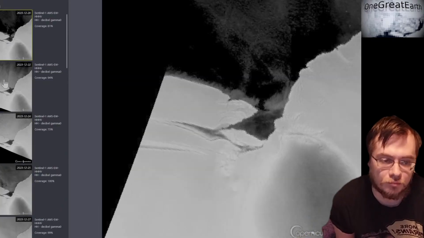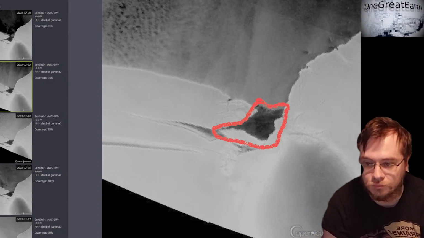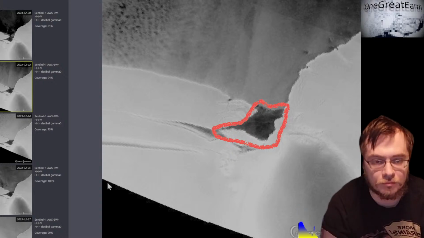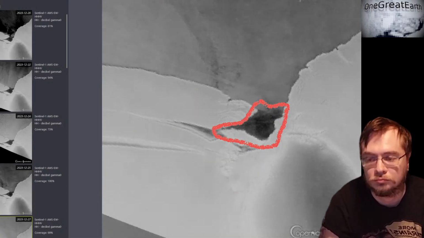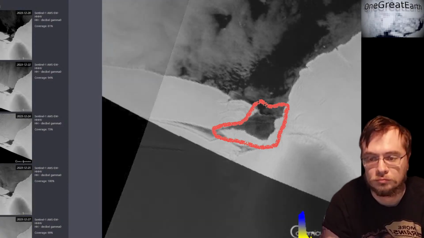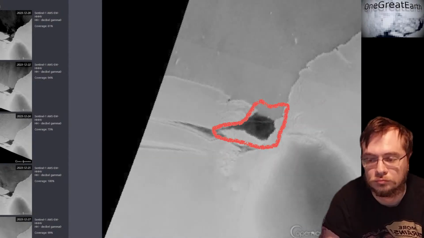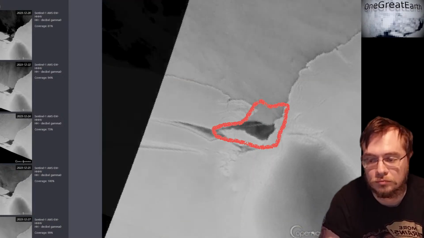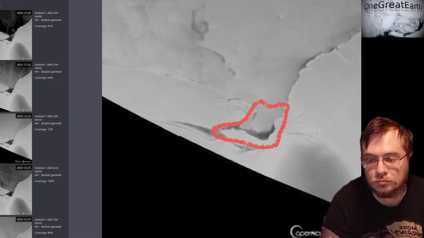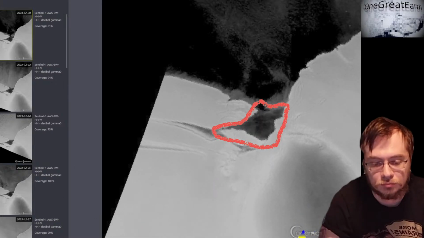Yep. There was sea ice there before. Right here. Sea ice. Receding. Gone.